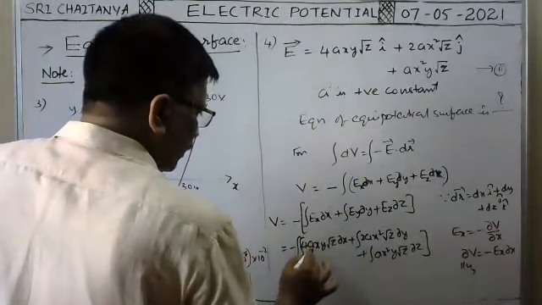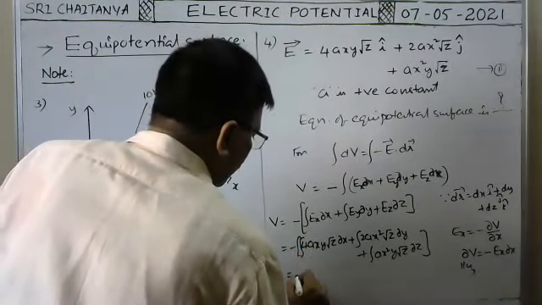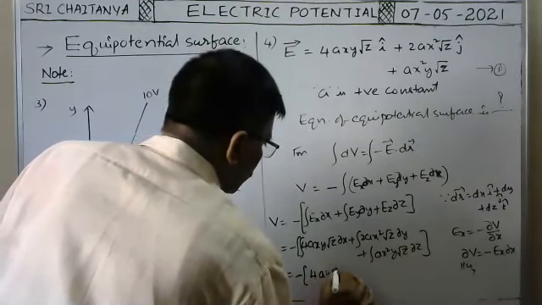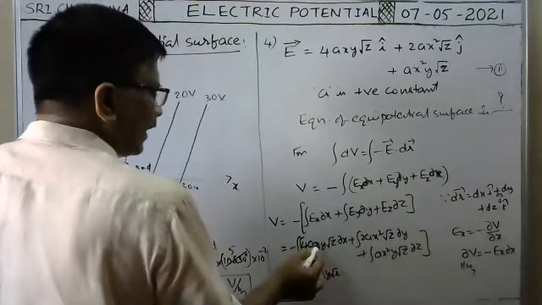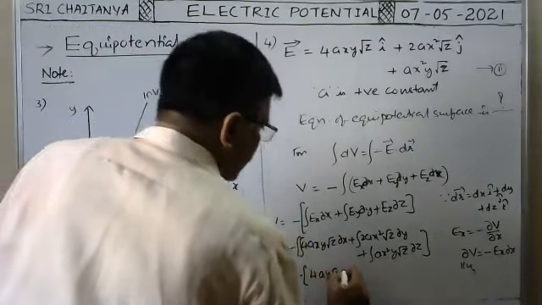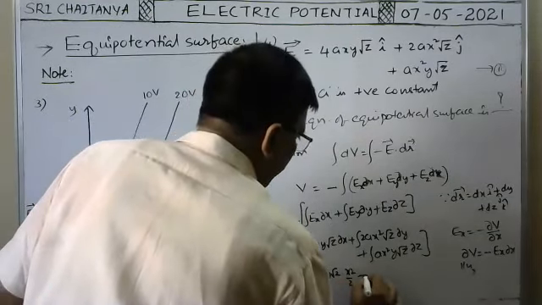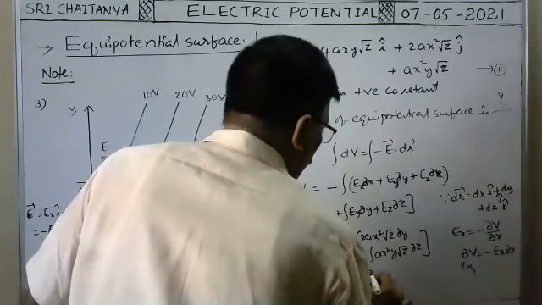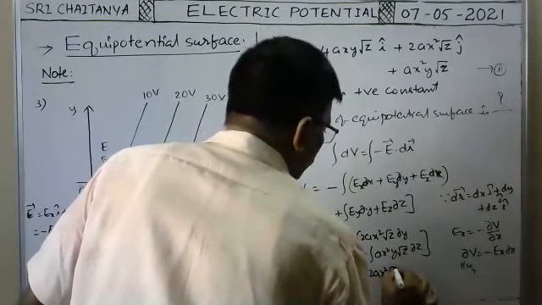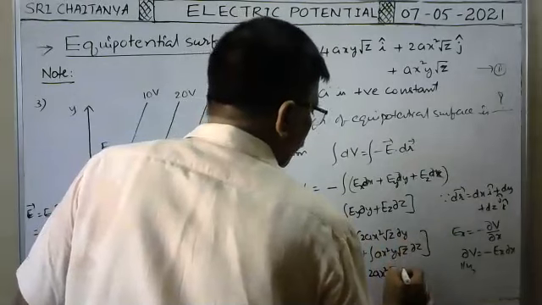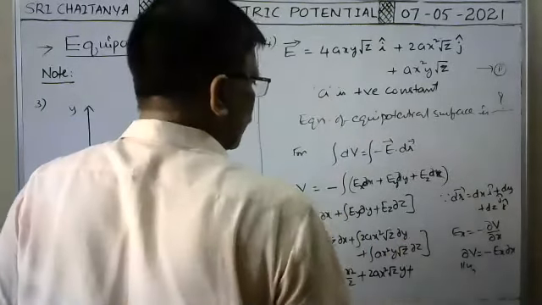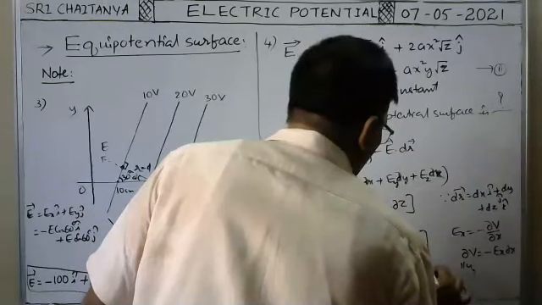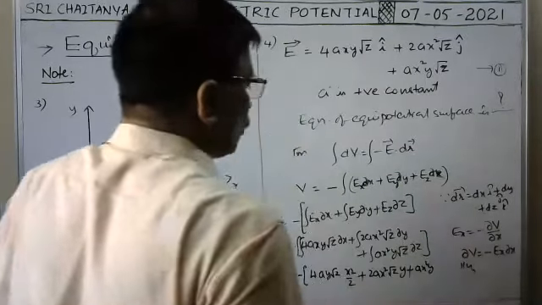Only x is the variable, the remaining are all constant. So minus of 4ay root z into integral x dou x, that means x square by 2, plus here y is the only variable, 2ax square root z into integral dy means y, plus z is the only variable, so ax square y into root z integration.